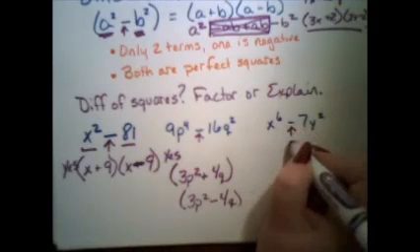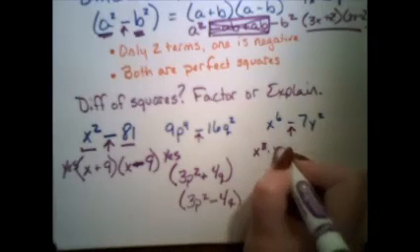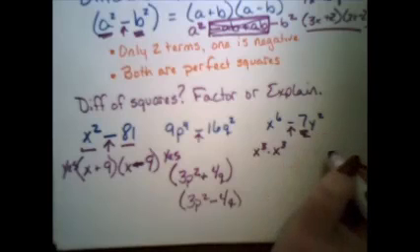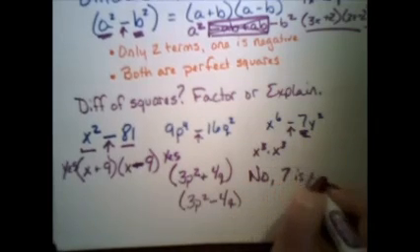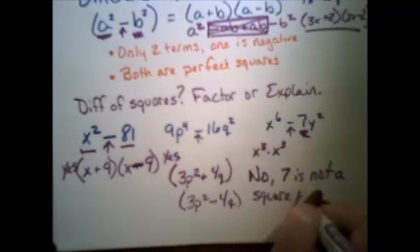It is a difference. This is a square. This is x cubed times x cubed. But this is not. So this answer is no, because 7 is not a square number.